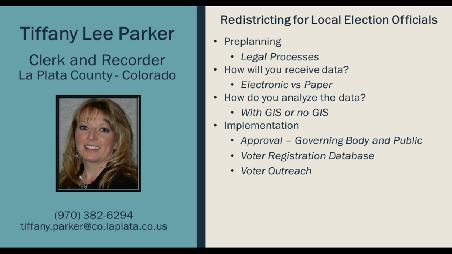However, we need to draft the legal description that goes with that. So we're looking at rivers, ditches, ridge lines, legal descriptions, parcel lines, all of that. But to my knowledge, it is different in each state on what we can and cannot use. So that's something that you need to make sure you're understanding.